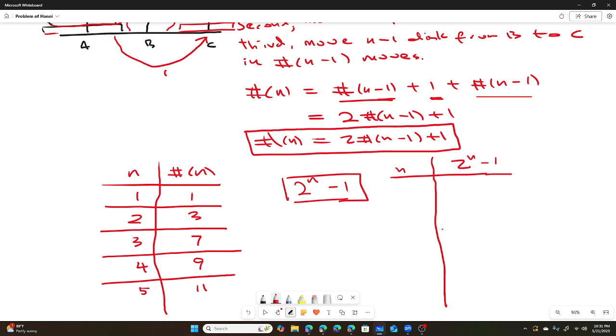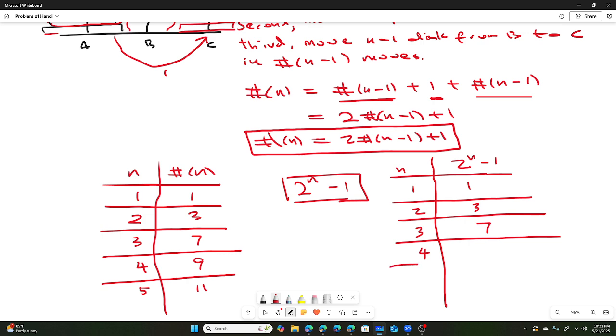So if n is 1, then it's going to be 1. If n is 2, then it's going to be 3. If n is 3, it's going to be 7. If n is 4, it's going to be what?